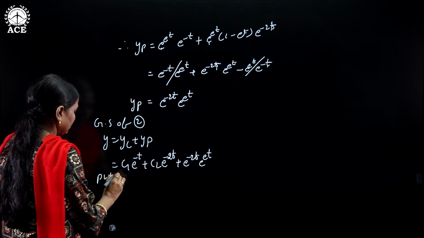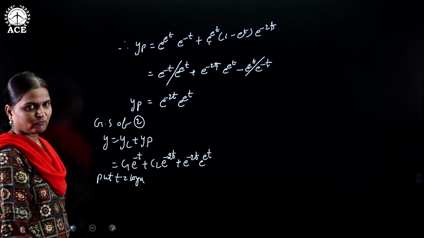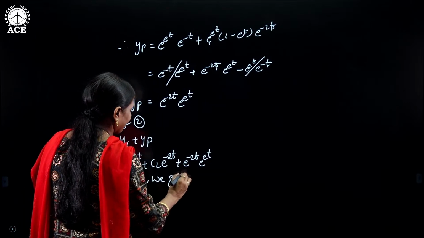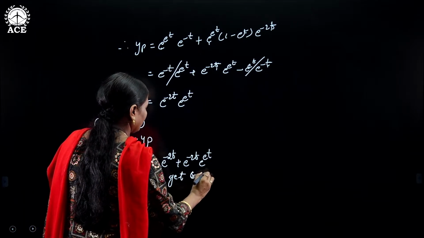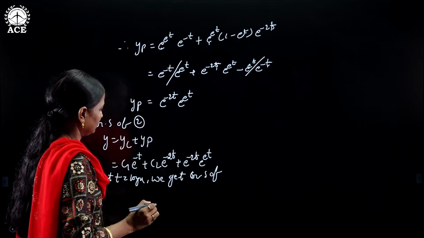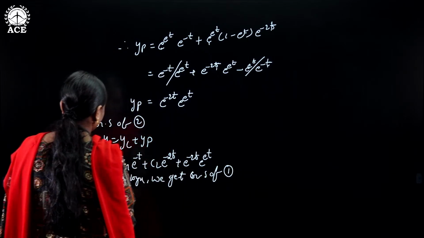So put t is equal to log x. If we substitute t is equal to log x, we get the general solution of equation 1. So what is the general solution?